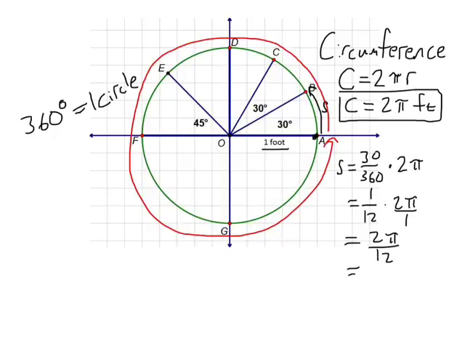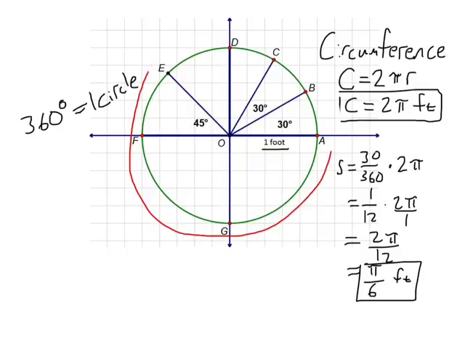And simplifying, we get pi over 6. And that would be feet in this example. This distance right here is pi over 6.